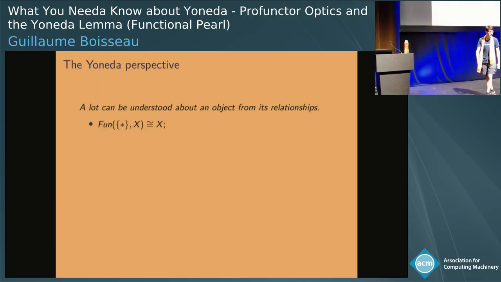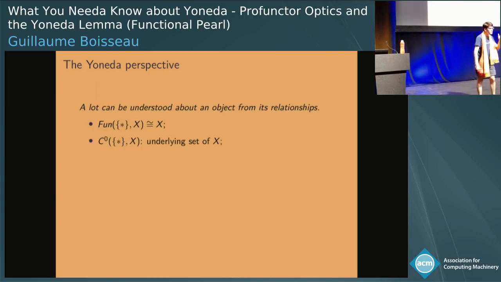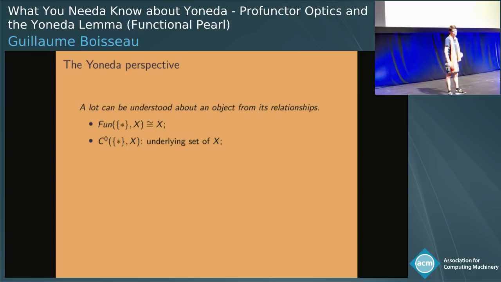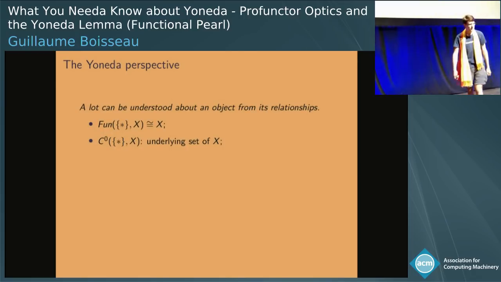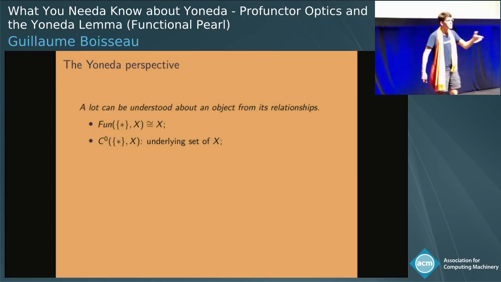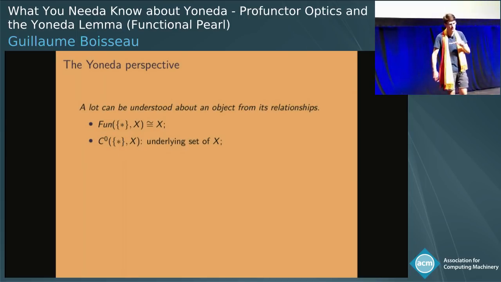I have X itself. If I look at continuous functions, that has a bit more structure. Here, X is a measurable space, or something that understands continuous functions, for example, the real line. And if I look at continuous functions from the singleton space to X, again, that gives me all the elements of X, but I only have the elements. I may be interested in a bit more structure.